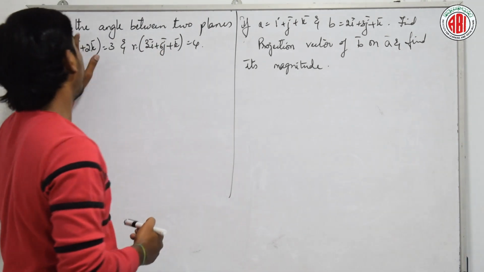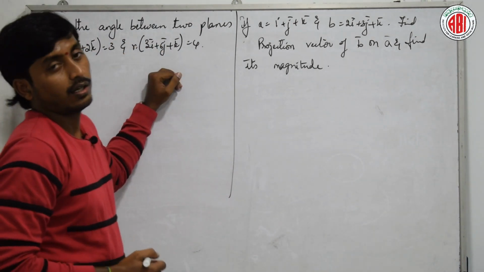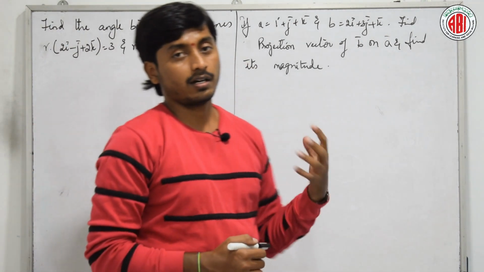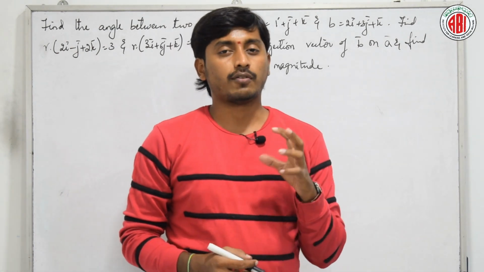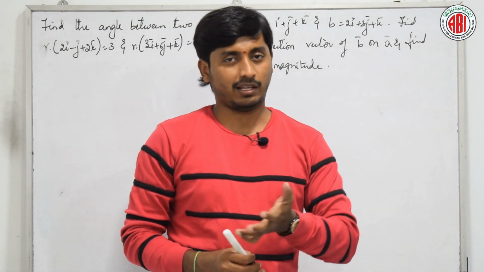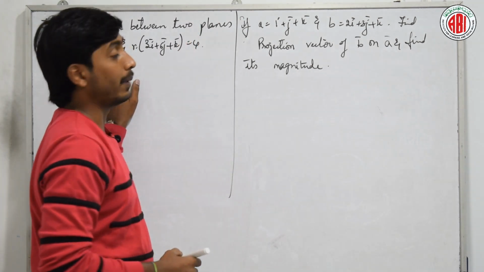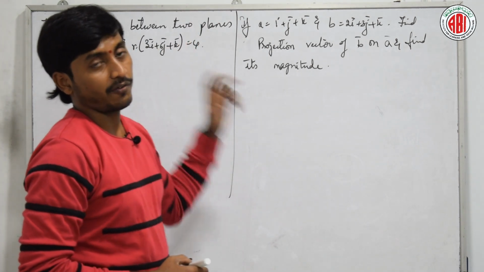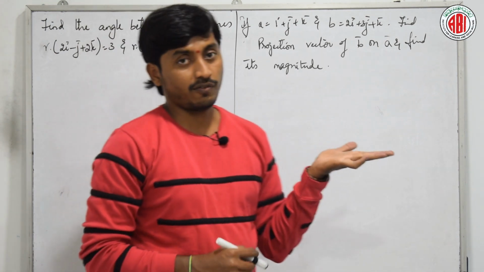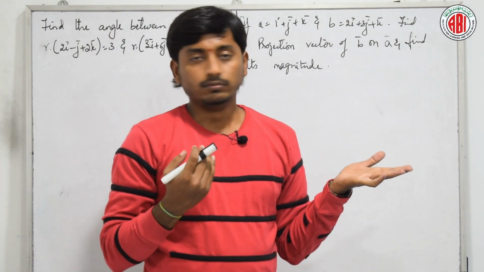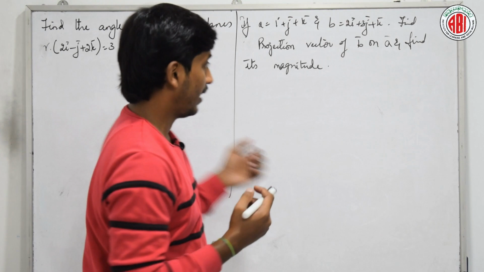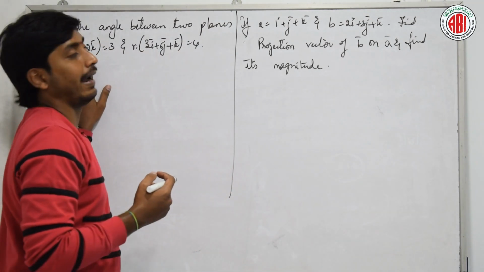He is telling to find the angle between these two planes. What was the standard form of plane which we did? It was something like xy, right? If I want to find an equation of a plane when its normal is given, that is r dot n.